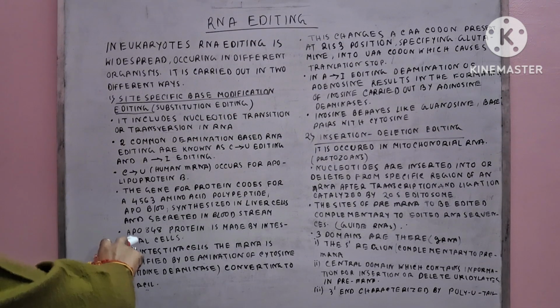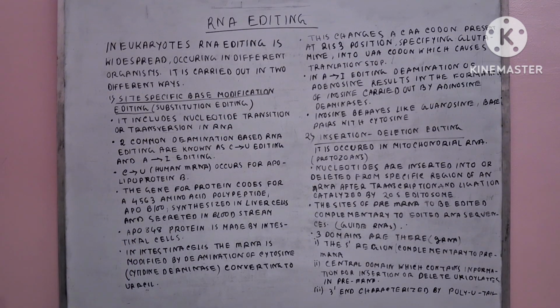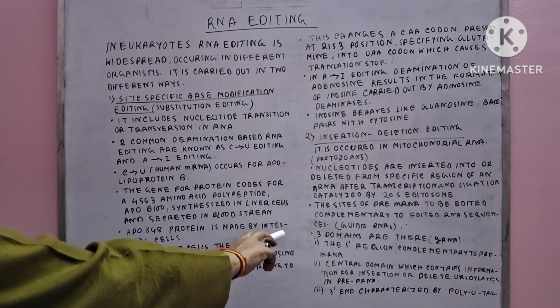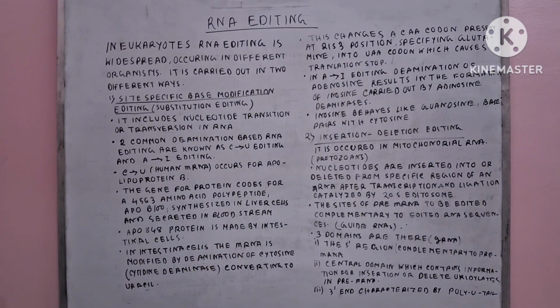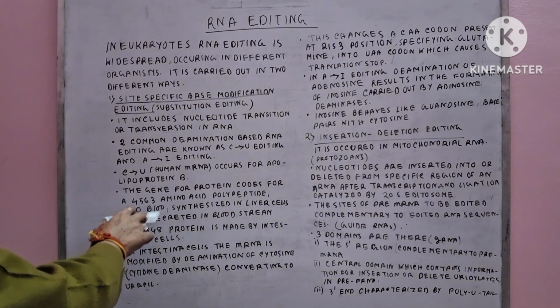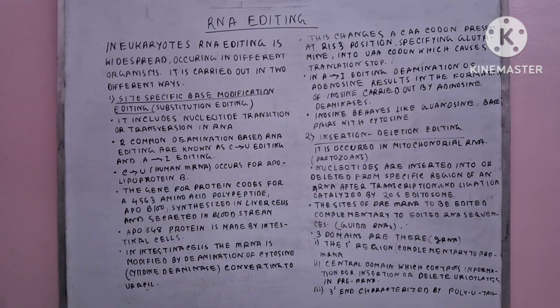Another protein is ApoB48. This is made by the intestinal cells. So here there are two examples. One is ApoB100, which is synthesized in the liver cell. And another protein is ApoB48, which is made by the intestinal cells.